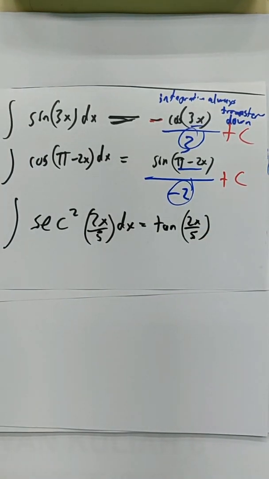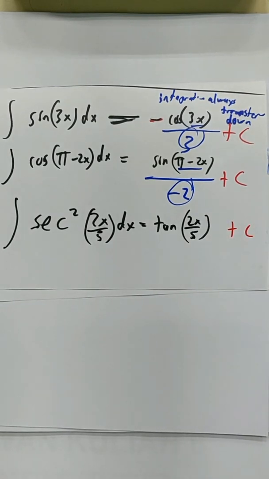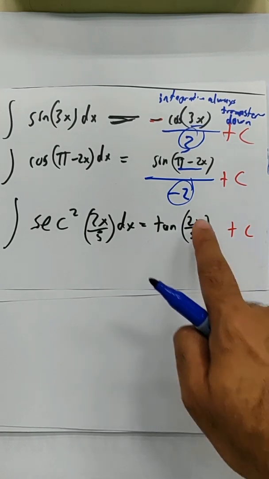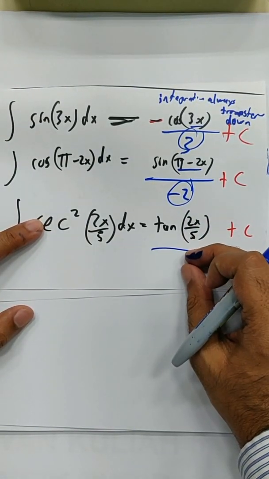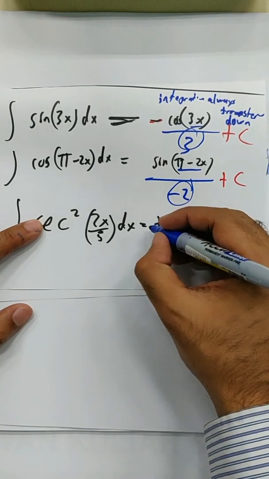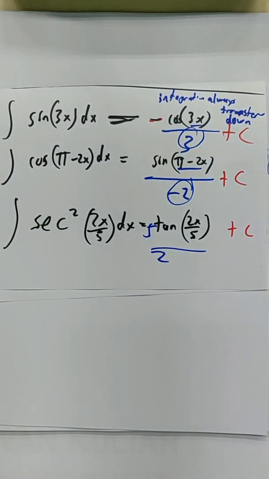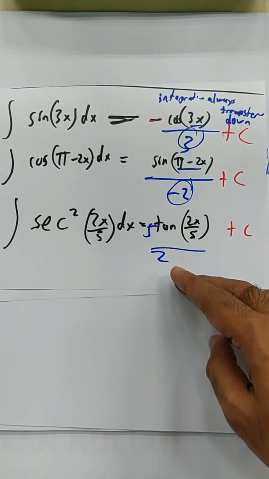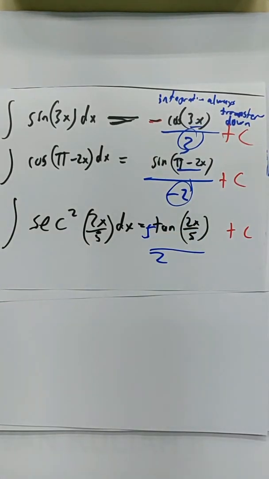Are you happy with that? Differentiate the bracket over 2x over 5, which I can also write down as 5 over 2. When it comes to fractions, everybody goes silent. The easy one, people always speak first.